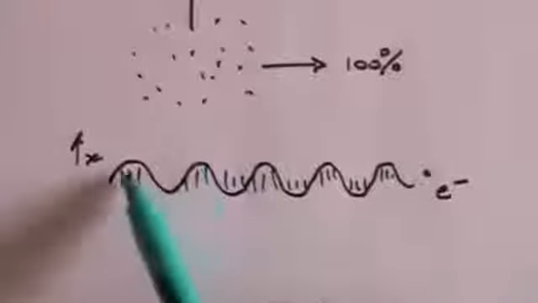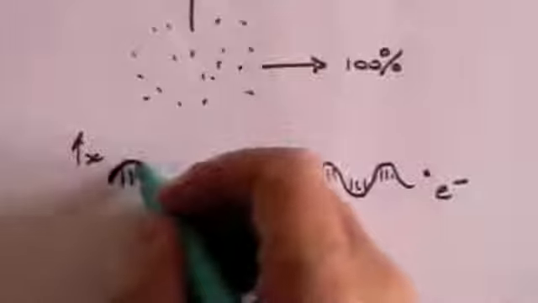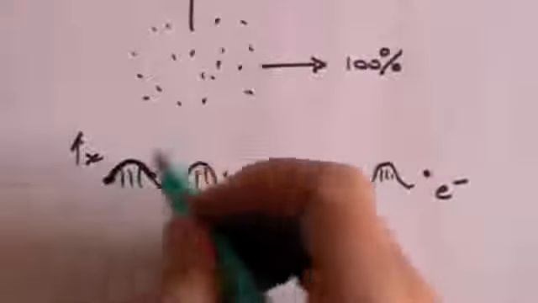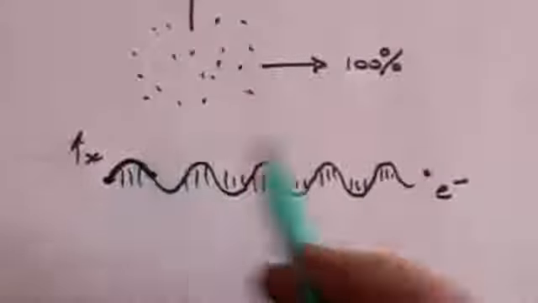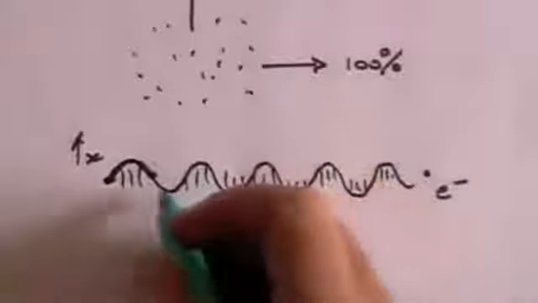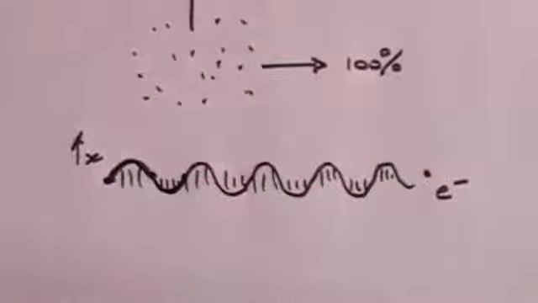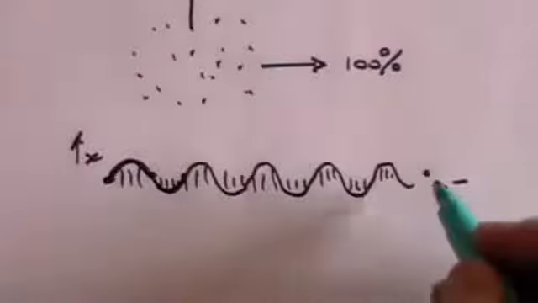So when the field is in the up direction, that is in that half wavelength there, the field is pointing up, the electron will be accelerated up. When you get to this half of the cycle, the field is now pointing down, the electron will be accelerated down.